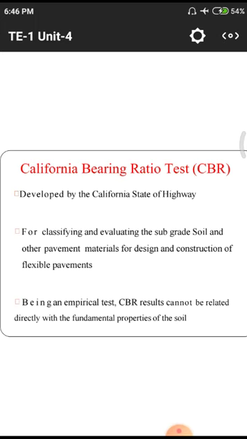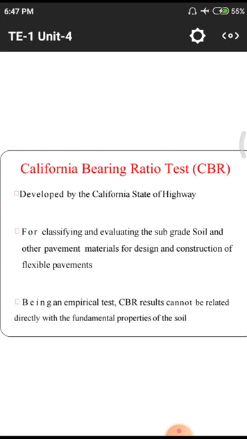Because it is a liquid content. Tar is a semi solid, so a rigid pavement we call concrete, and a flexible pavement we call tar roads. For the construction of flexible pavement they introduced this CBR test in the California state.